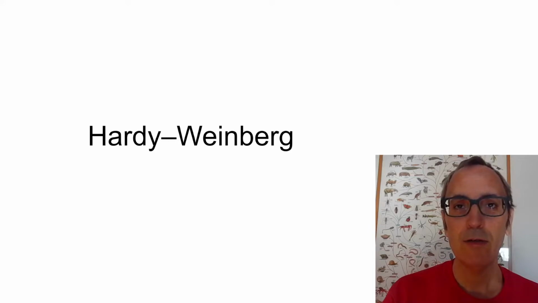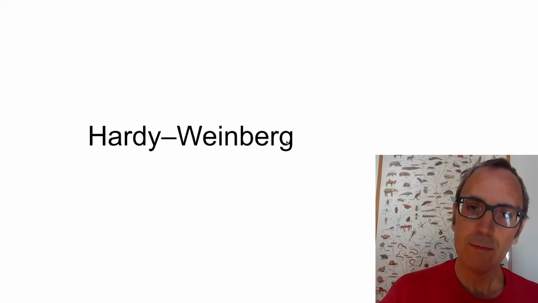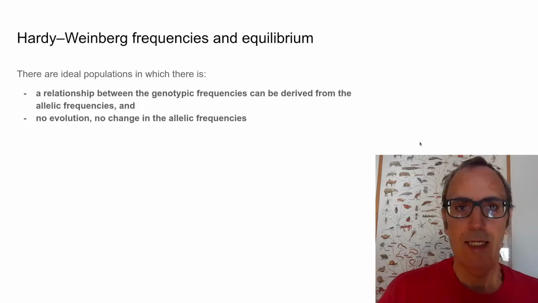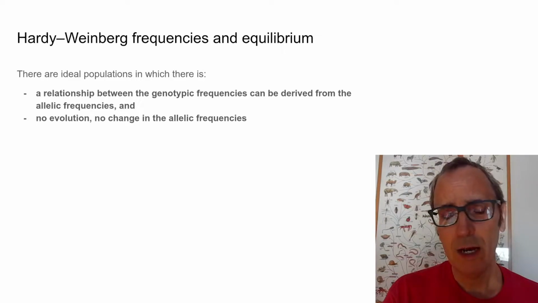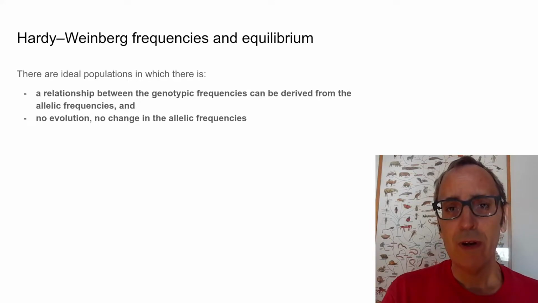This is an introduction to population genetics, and today we are going to talk about Hardy-Weinberg. There are certain ideal populations in which we have a constraint that allows us to calculate the genotypic frequencies from the allelic frequencies.